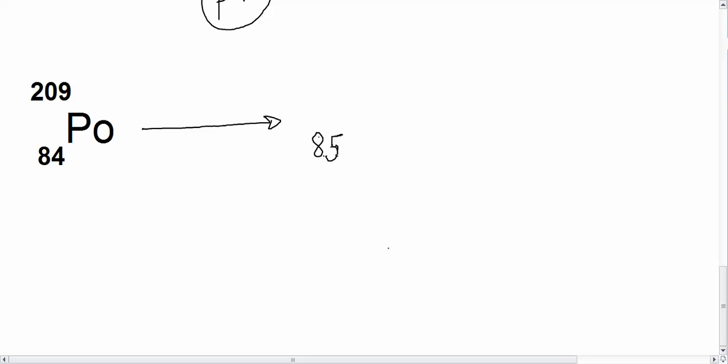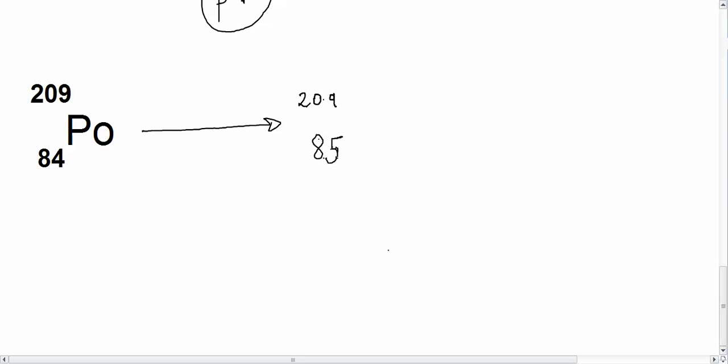The mass number stays the same because the total number of protons and neutrons in the nucleus hasn't changed. So now I need to go to my periodic table, look up element number 85, and I find At. So that's the daughter element that's produced when polonium undergoes beta decay. That's how I would phrase it.